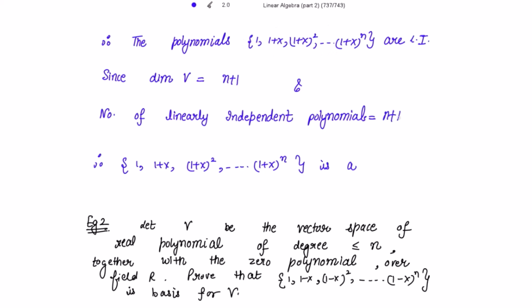So these two are the same in number, right? Therefore, this set is a basis for V, right? Okay. Let's move on to the second example.